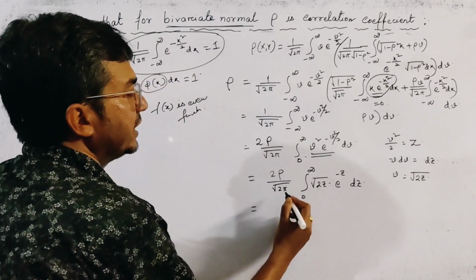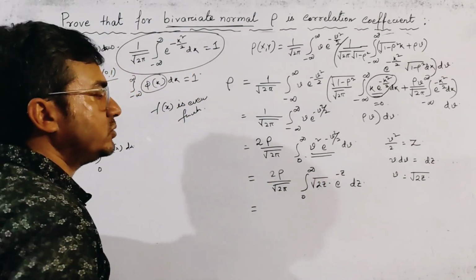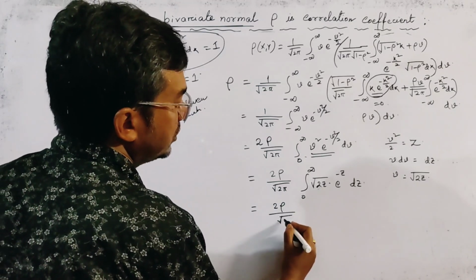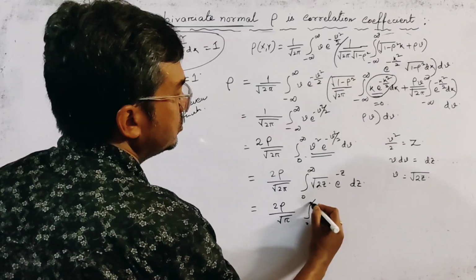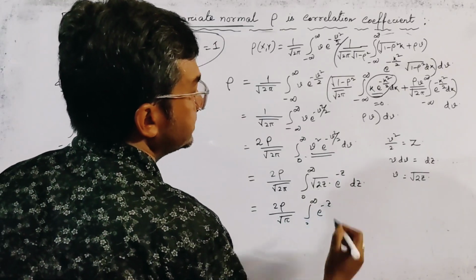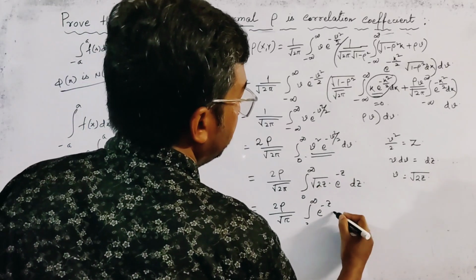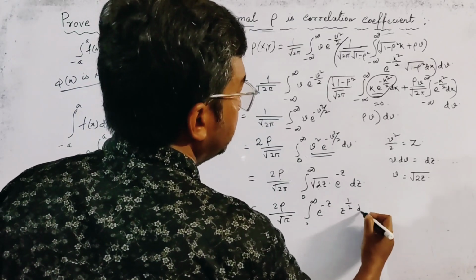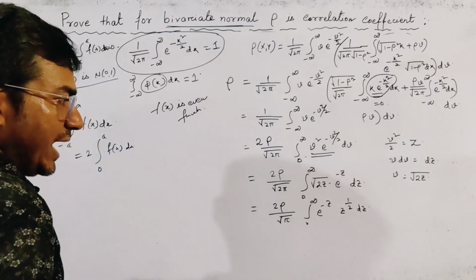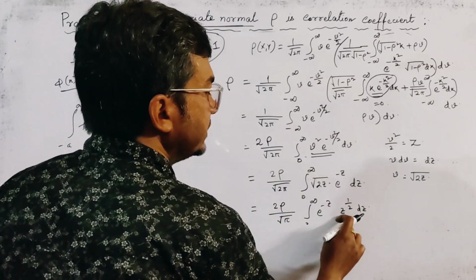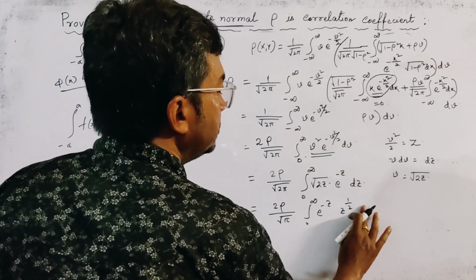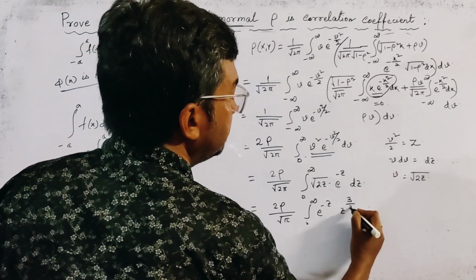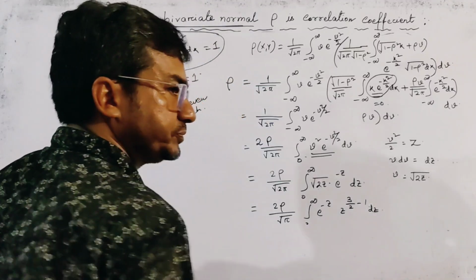Okay, and clearly root 2 and root 2 cancel out, so 2 rho by root pi integration from 0 to infinity of e to the power minus z, and this is root z, so we write z to the power half dz. This means z to the power 3 by 2 minus 1 dz.